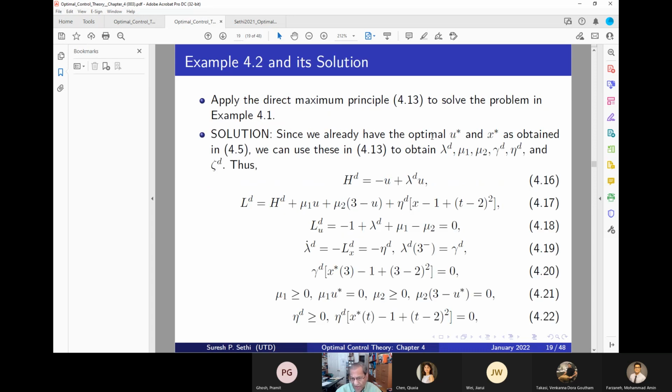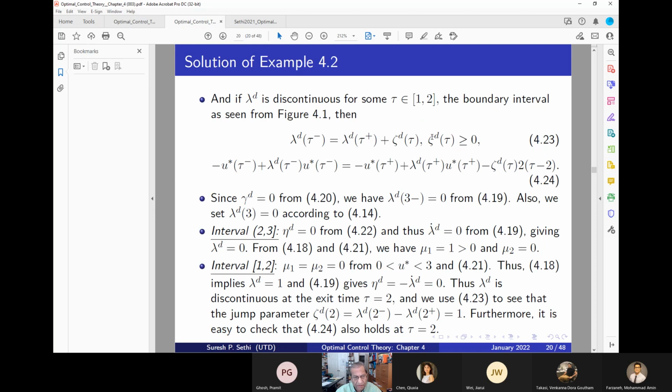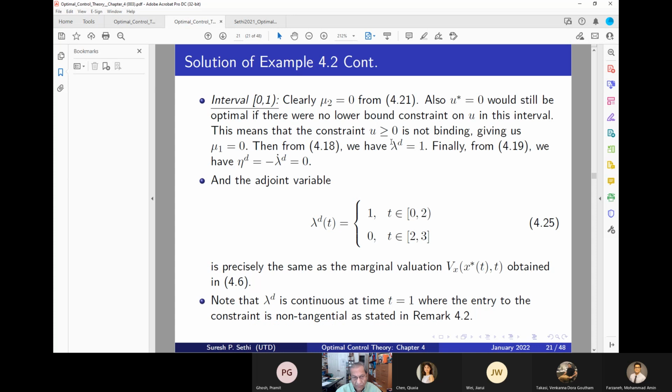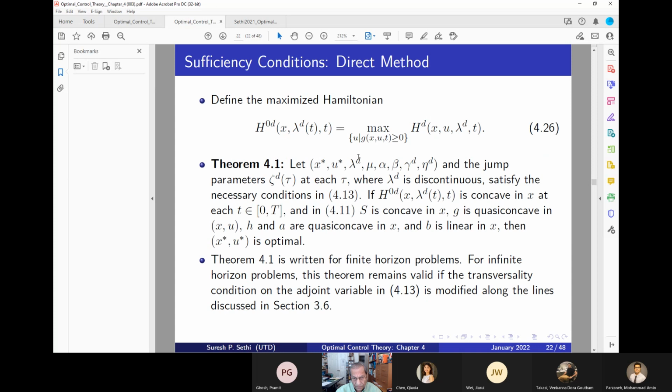I think we tried to do that. We already talked about this example. We covered this, right? If not, please stop me. Now, the sufficiency conditions are always mentioned in terms of the direct maximum principle.